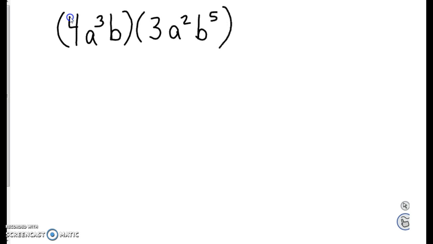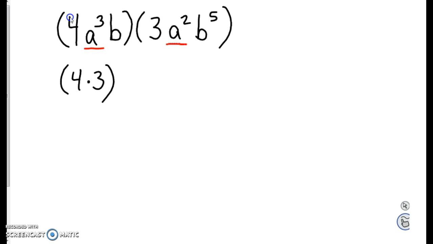So the first thing I want to do is use my commutative property that allows me to change the order of my factors, and my associative property, which allows me to group those factors however I like. So I'm going to group together my two coefficients. Remember, my coefficients are the numbers that are in front of each term. And then I'm going to group together my common bases.